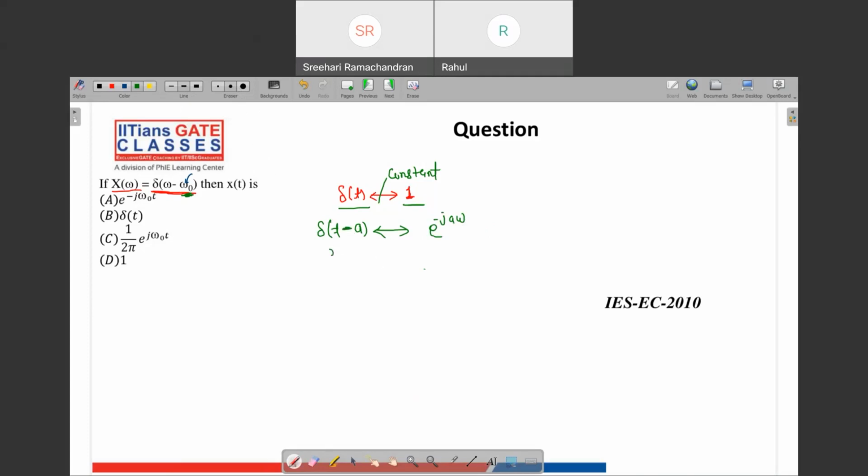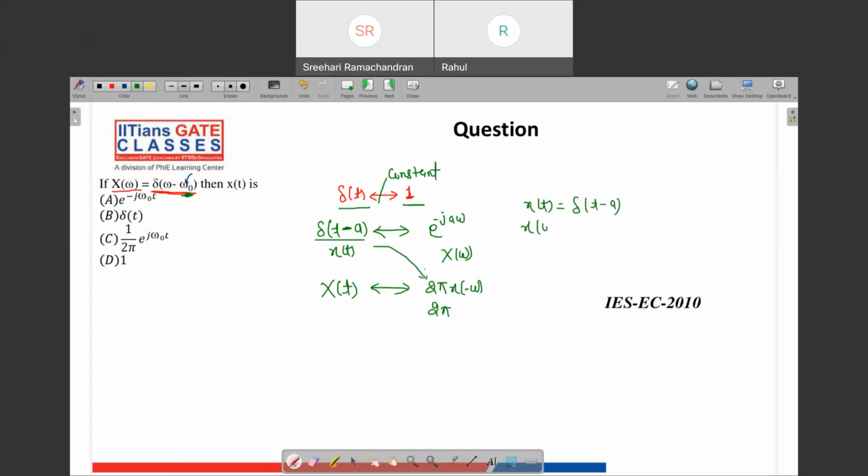Now this is x of t, this is X of omega. Now based on dual property, this will become capital X of t, and this will become 2 pi x of minus omega. Now here this is delta t minus a. If you write it here, it will become 2 pi. So x of t is equal to delta t minus a.